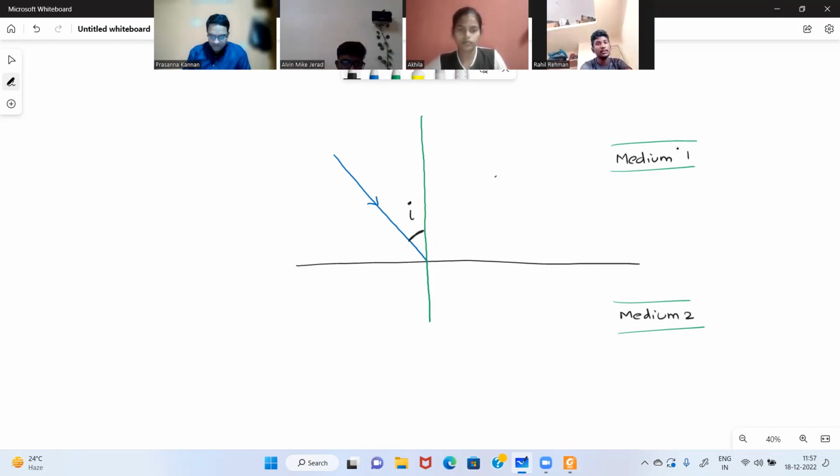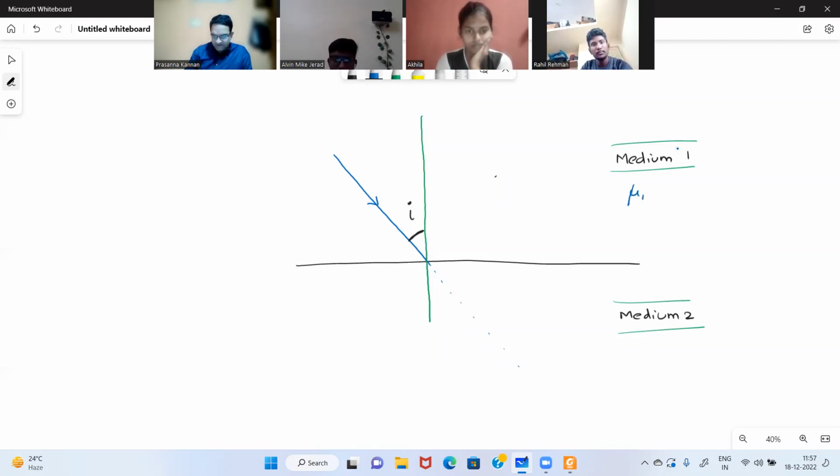Now, if the separating medium was not there, the ray would have gone like this, correct? But now this ray is going to bend either towards the normal or away from the normal, depending on the refractive index of the two media.